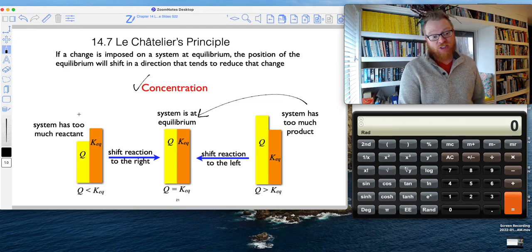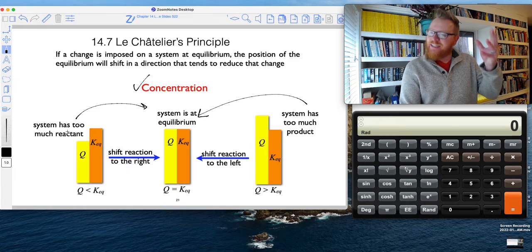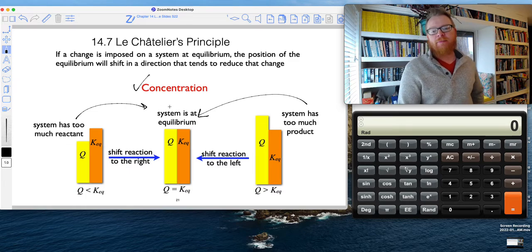Now our system has too much reactant, so it's going to have to shift back this way. Now what if we're at equilibrium and we take away reactant? It's as if our system has too much product, and it will shift back to the left.